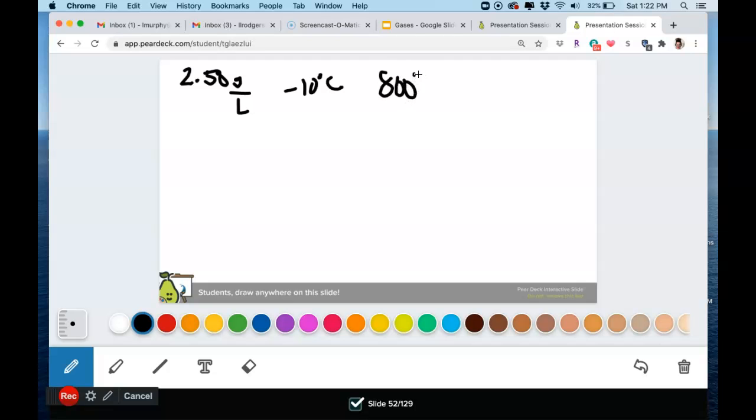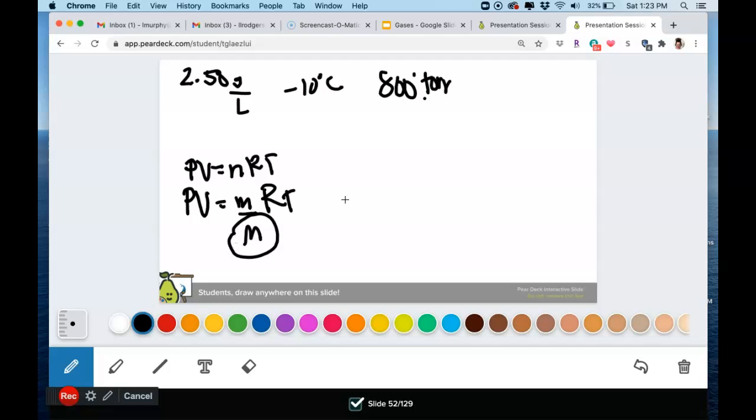All right, so we're given density, so PV equals nRT. I'm going to replace the n with mass over molar mass, because that's what moles is. I want to know molar mass in this problem, meaning I'm going to isolate molar mass. So molar mass PV equals nRT, right? So divide both sides by PV.